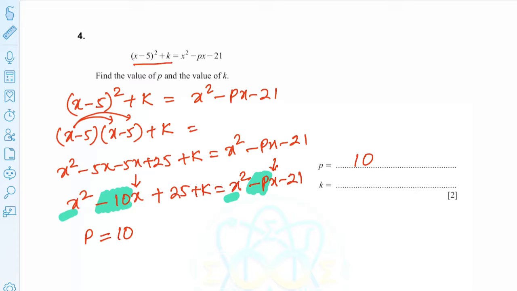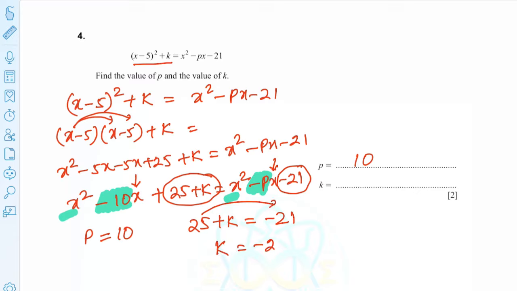Now see, these two terms are called constant terms, there is no x in this. So simply I can write down 25 plus k equals minus 21. Please rearrange this. Take this value to the other side, so k equals minus 21 minus 25, that is k equals minus 26.